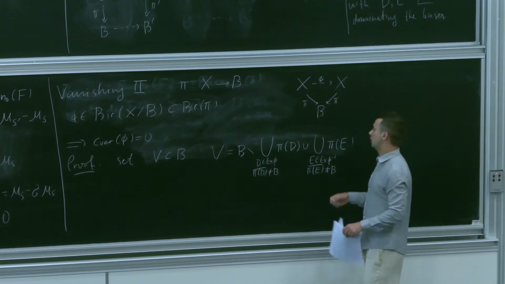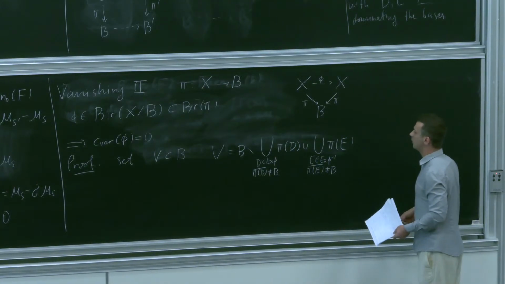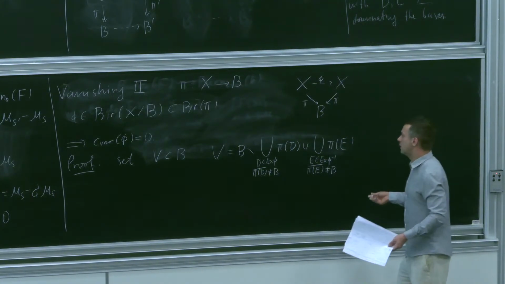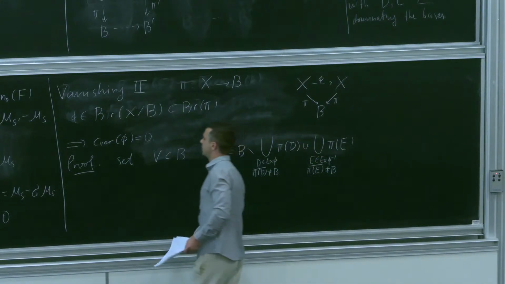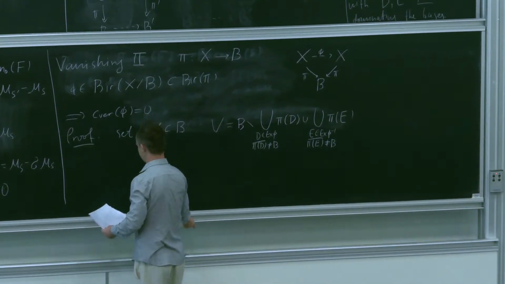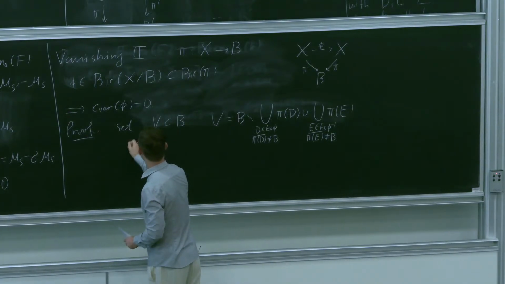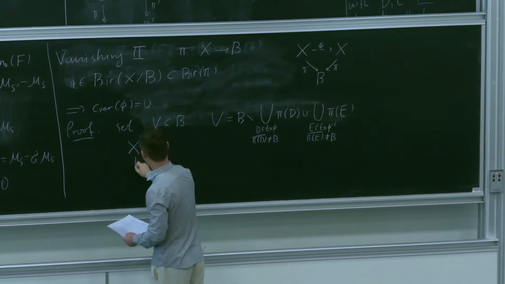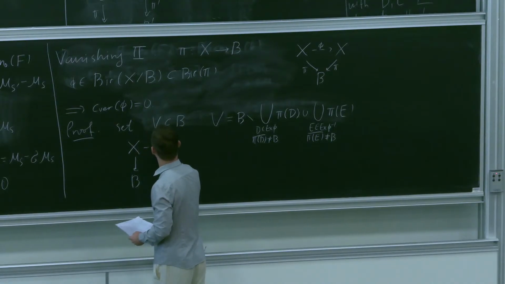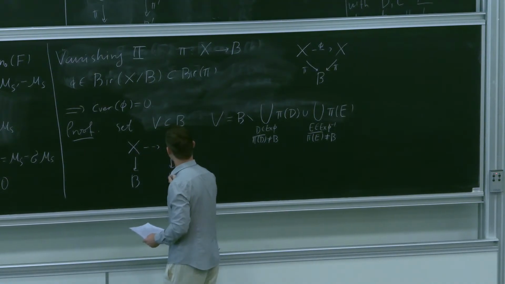So what's the point? The point is that if we restrict, we have no vertical divisors anymore. So we can think of this kind of diagram. I had X over B, X over B. This was identity.